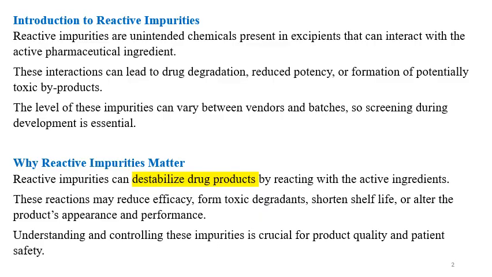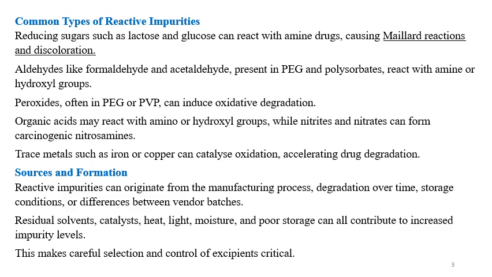Many of the times we find that the API is stable with some excipient or some supplier's excipient or vendor's excipient, but not with the others. Why does this happen? This is because of the impurity profile of the excipient or presence of some reactive impurities in minor or higher amount.